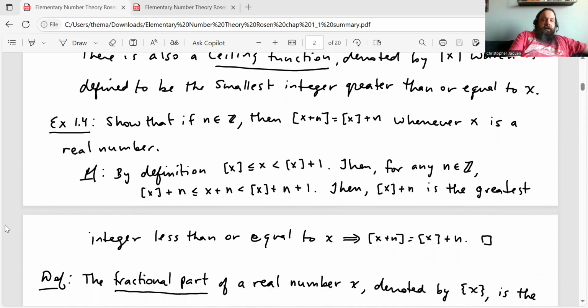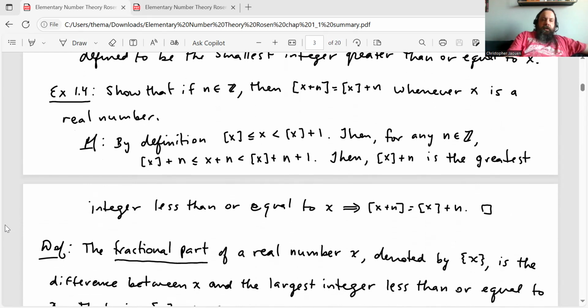Right? And we get an example here, which is a proposition. Show that if n is an integer, then the greatest integer of x plus n equals the greatest integer of x, plus n, whenever x is a real number. So here's my proof. By definition, the greatest integer of x is less than or equal to x, which is less than the greatest integer of x plus 1.